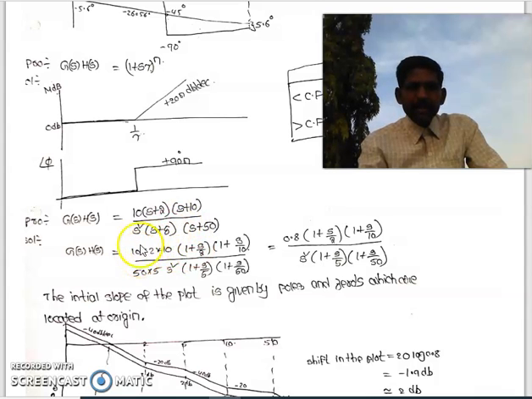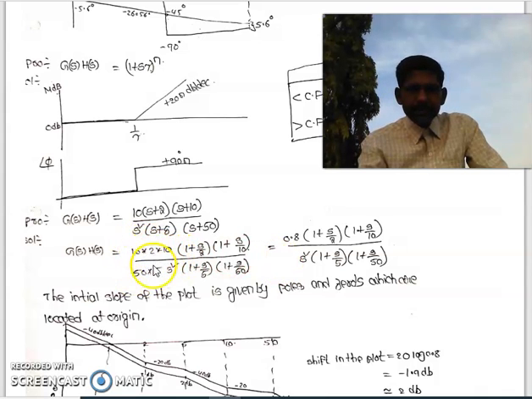We can write it as, 2 I had made a common 2, and here also 10 is there, I had made a common, so we can write as 1 plus s by 2 into 1 plus s by 10. In the denominator also, 50 is there, I had made a common 50, and here 5 is there, we had made a common 5. Here s square, 1 plus s by 5 into 1 plus s by 50.